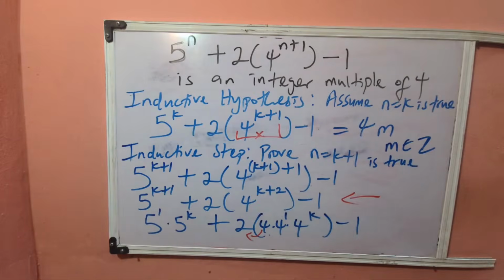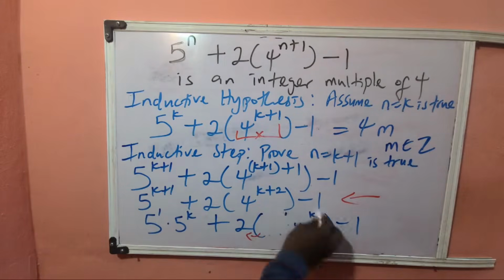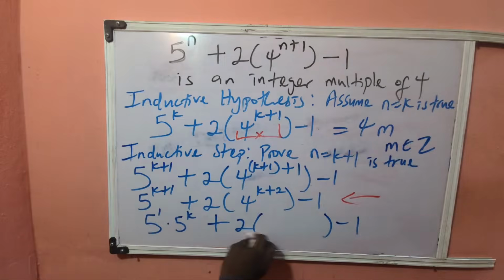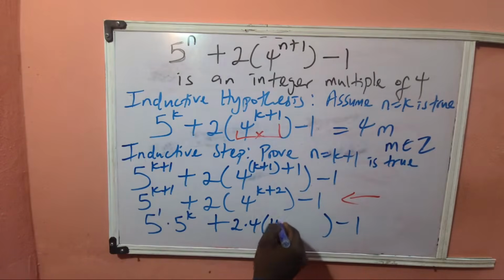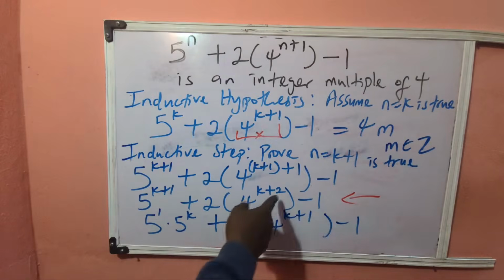Because we will be making use of the inductive hypothesis very soon. So this particular place now, rather than having just 2 outside, I'll bring in one of the 4 outside. That's this dot here, which represents times. So I'll bring in one of the 4, and I'll be having 4^(k+1) left. Don't forget it was 4^(k+2).